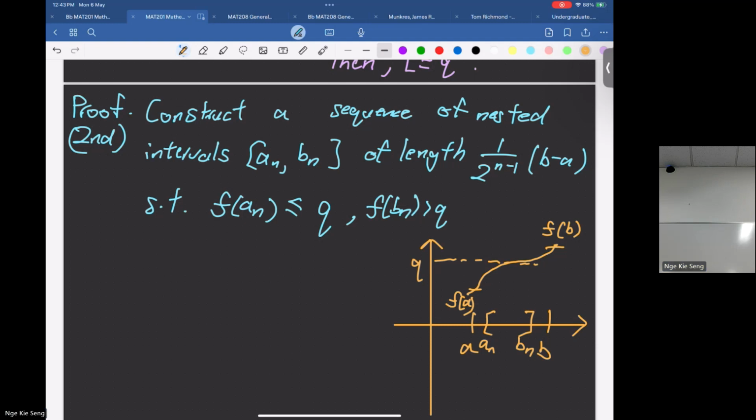How about like this? If I do it like this, can I make my nested interval here or not? It doesn't make sense in my definition. I want F A n less than or equal to q, but here it is greater than or equal to q.